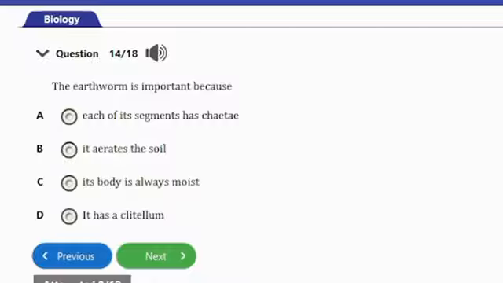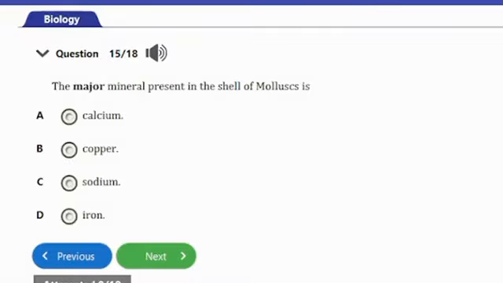The actual answer here that shows the importance of the earthworm is option B, which is it aerates the soil. Due to the fact that the earthworm will always burrow through the soil, it creates tunnels that allow air to penetrate the soil. So that's what we mean by that. And guys, option B here is the correct answer to this question. So let's go ahead and consider the next question.